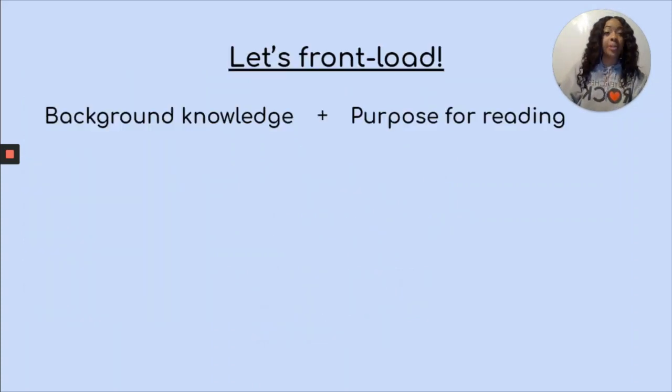So let's front load some information that we're going to come across that we may not know. When you front load, first grade, you take your background knowledge of what is already in your brain, what you have already been exposed to, and then we add it to our purpose for reading. Now, we're going to identify some words that we're going to see in our text, but we might not know the meaning of them. And that's the reason why front loading is important.